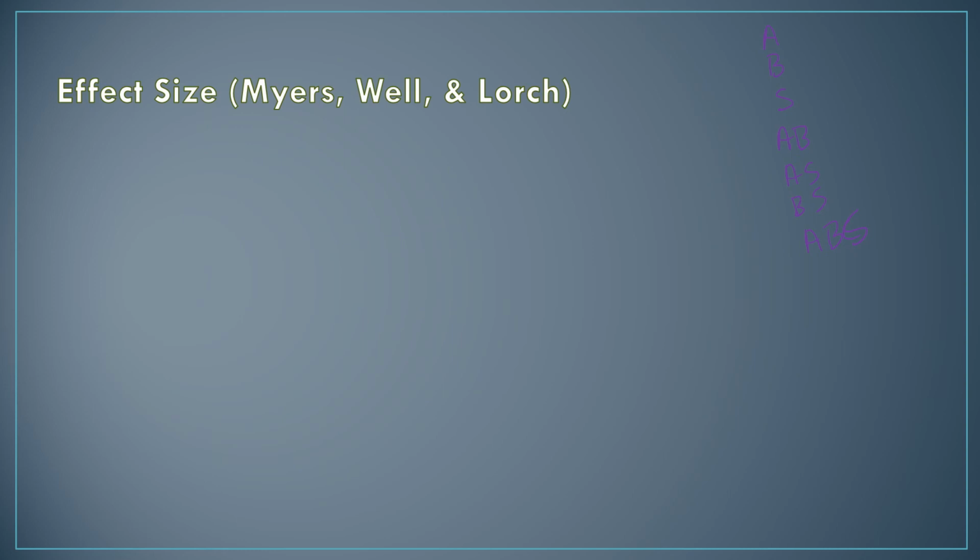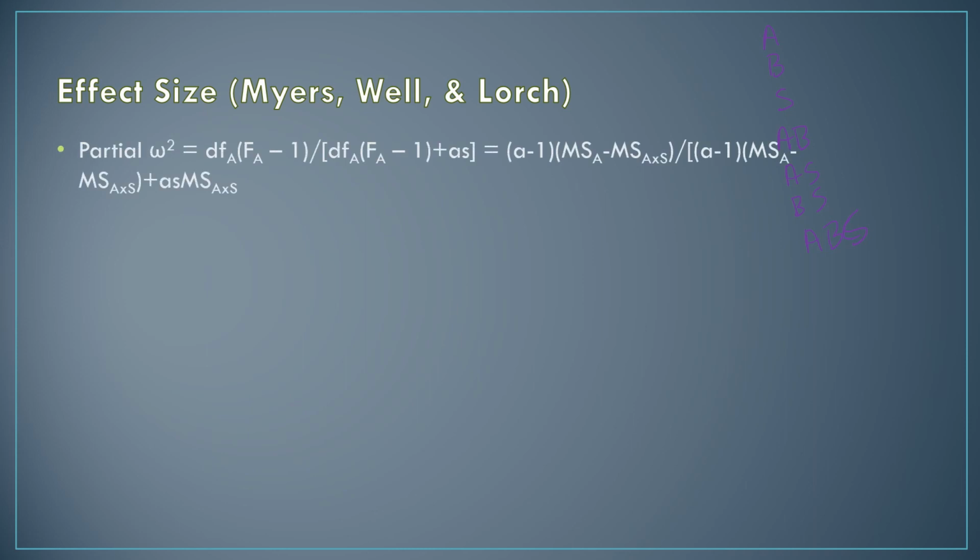And so for each one of these effects, you should get an effect size, but it's calculated a little bit different because every participant is included in every group or every level of the independent variable. And so this is the formula.